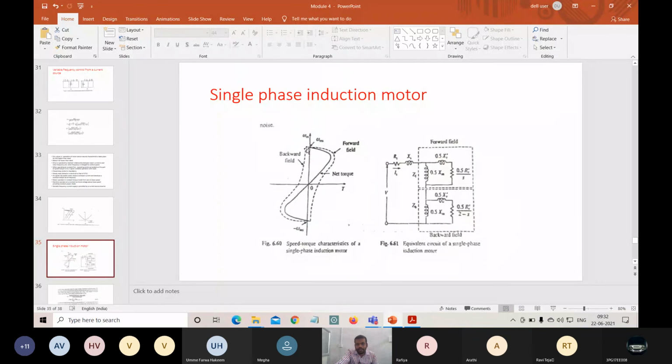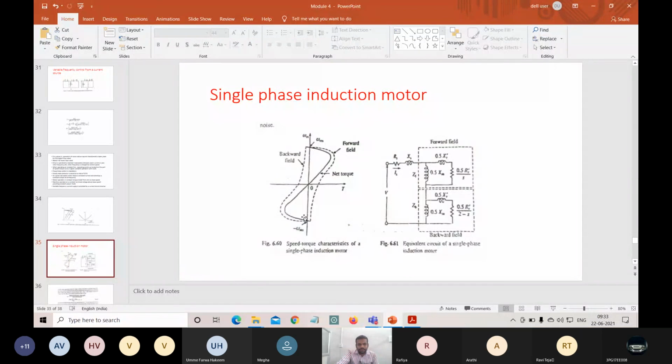If you consider the net by combining the forward field and backward field, this is your characteristics. Combining the forward path and negative path, the curve will be like this. This is your net torque.